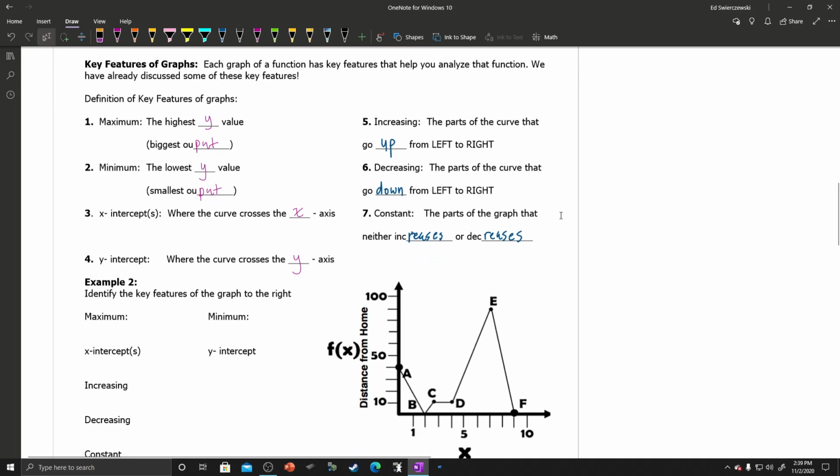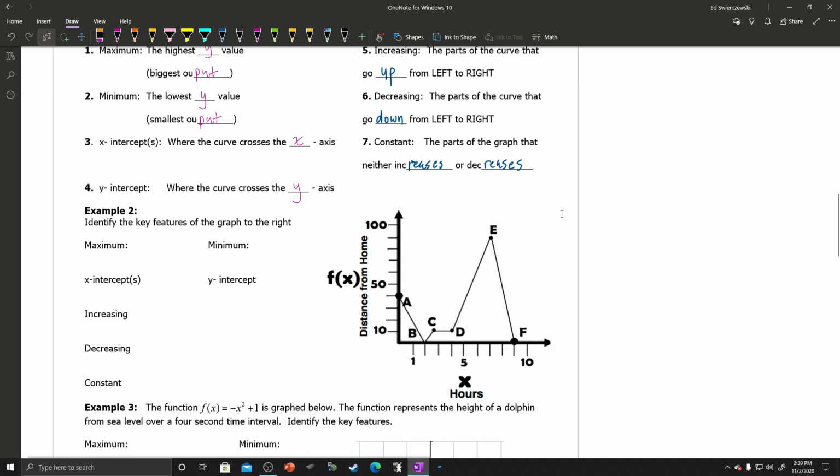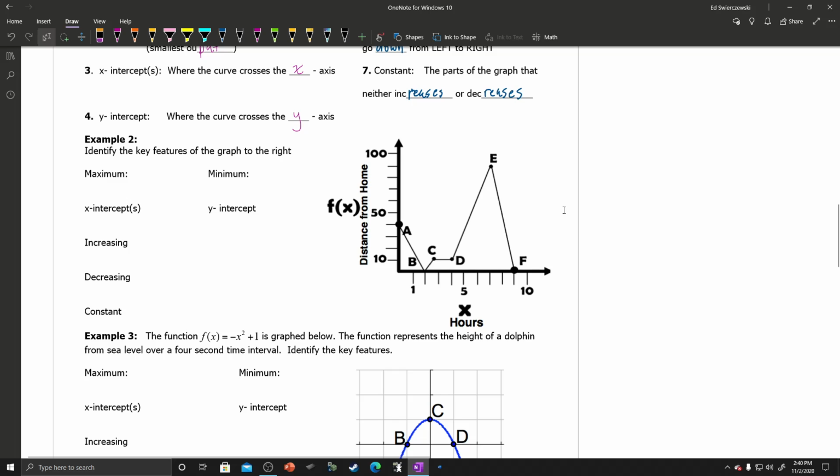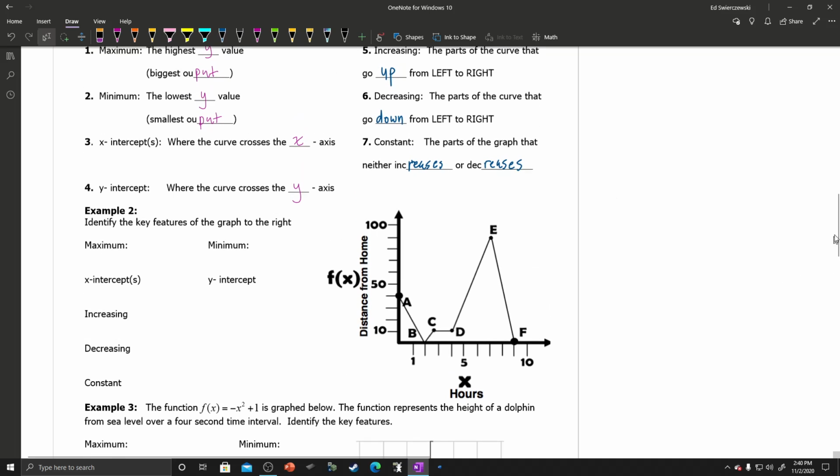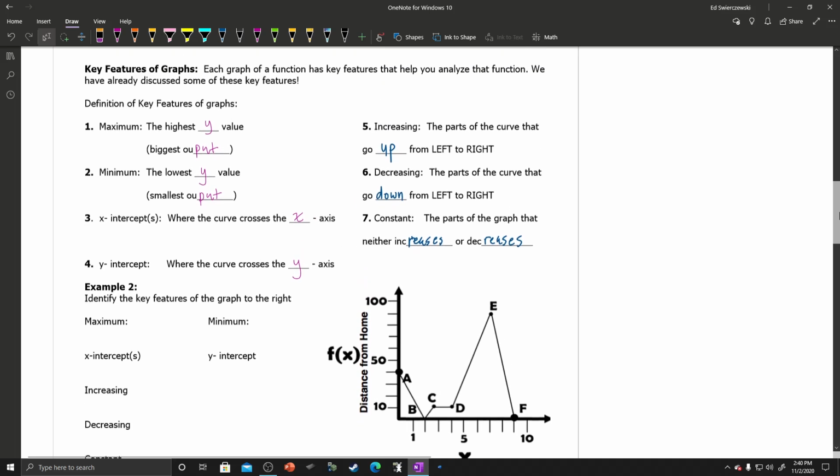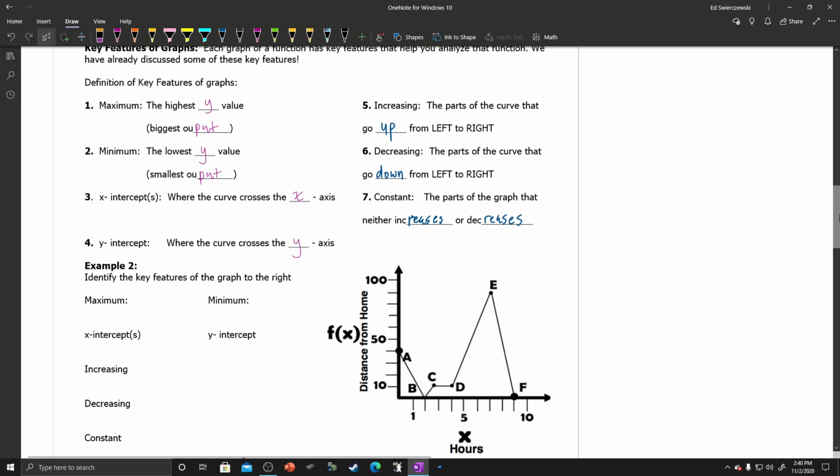All right, so let's look at one example, and then we will leave the rest for you guys to do. So if I look at this graph, f of x on the right here, I can identify the maximum. So let me keep this right here so I can see. Maximum, highest value. So I see point E is going to be my maximum.